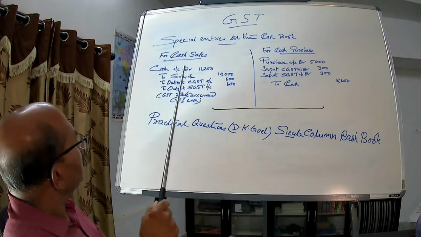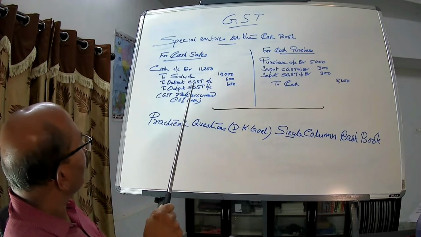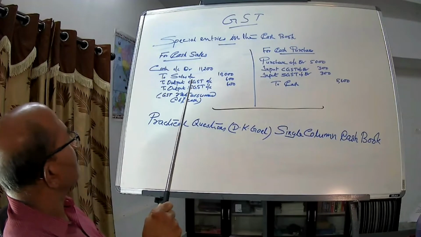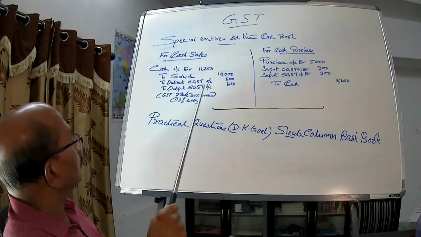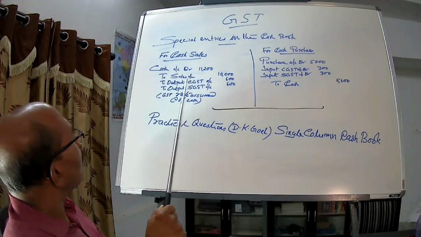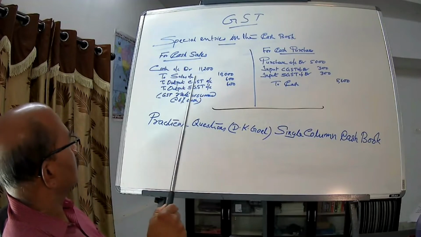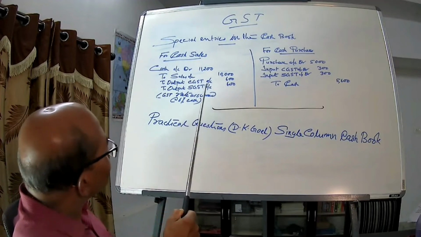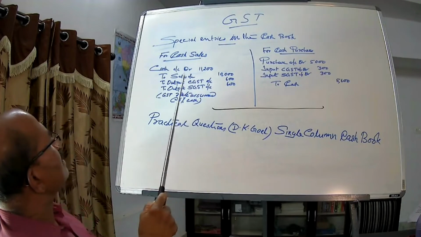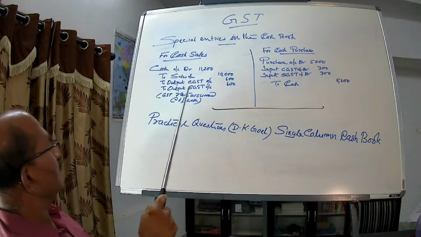What does it mean? It means your liability on account of having billed GST or charged or levied GST on your bills. So output GST relates to cash sales. You'll see that it has been bifurcated into output CGST as well as output SGST.